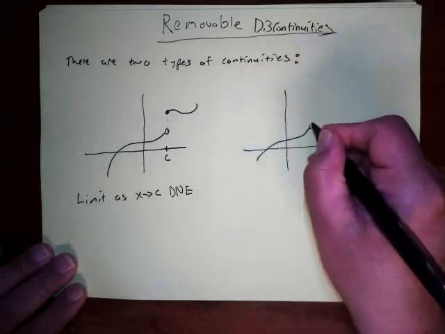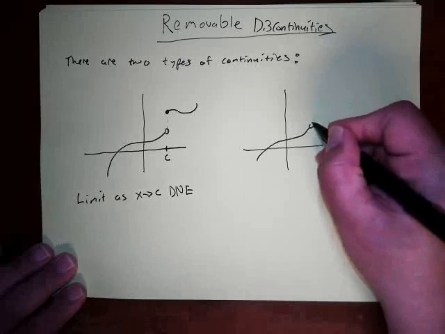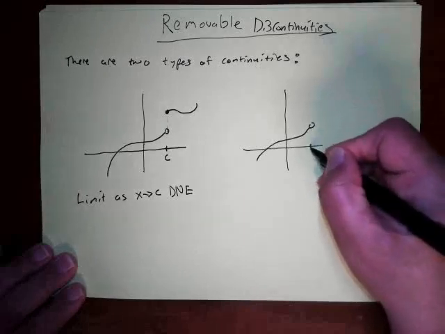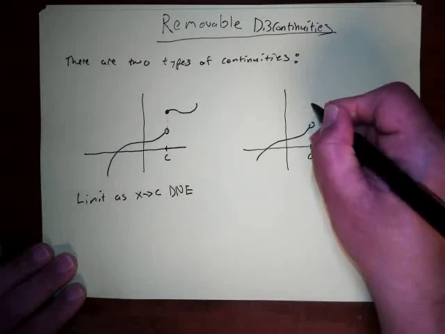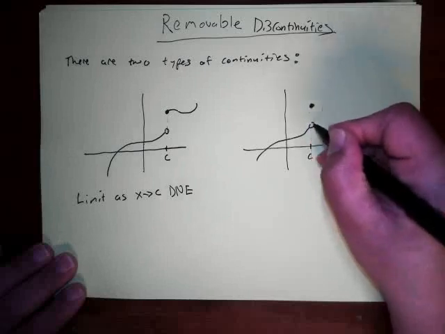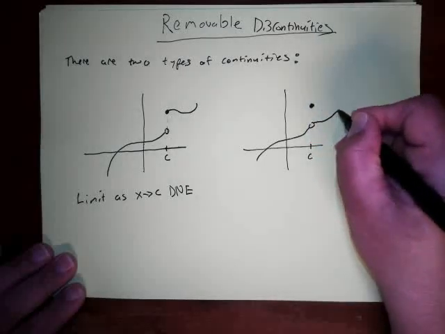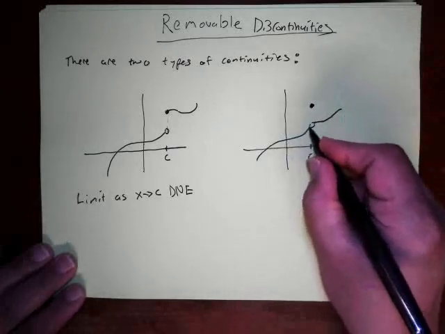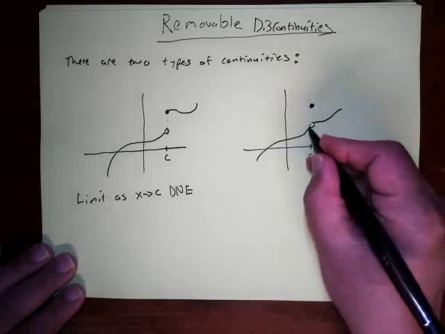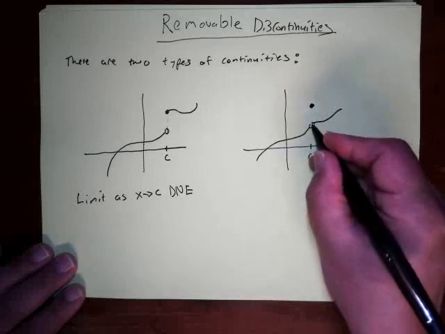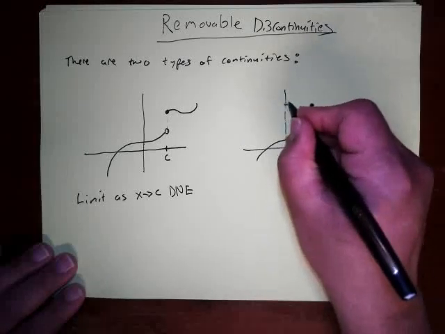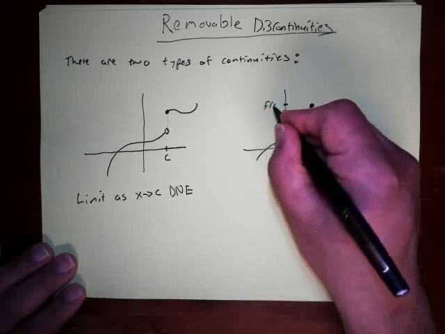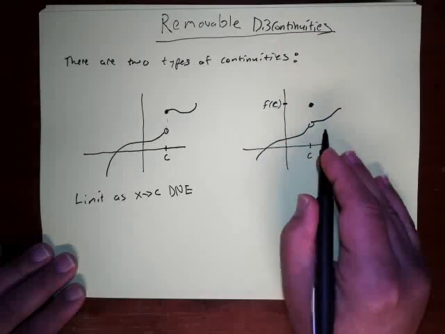But you could have a situation like this where maybe the limit does exist. Maybe it's something like this, and then at C here it's actually equal to some other point, and then it goes on from there. So at C, the limit actually exists. It's going to the same point, but f of C does not equal the limit here.